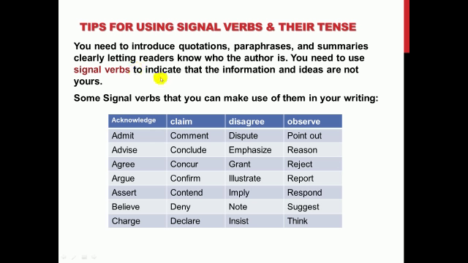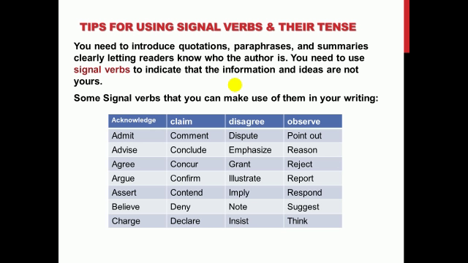You need to use signal verbs to indicate that the information and ideas are not yours. If a certain point is explained by a certain author, how does the reader know that it is not yours? You have to say someone says, or someone comments on certain things.